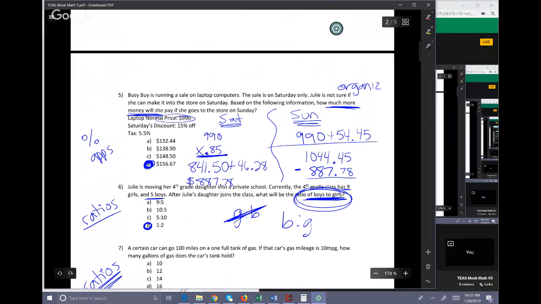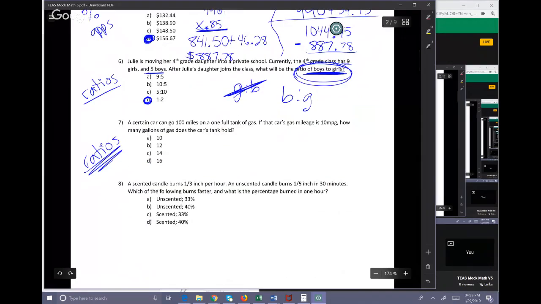So instead of just writing ratios on both of these, number 6 and number 7 are two very, very different levels of difficulty. Number 7 would be considered more of an actual proportion. Number 6 is setting up a ratio. Because you've done your classes, you should know what that difference is and be able to be a lot more specific with yourself.